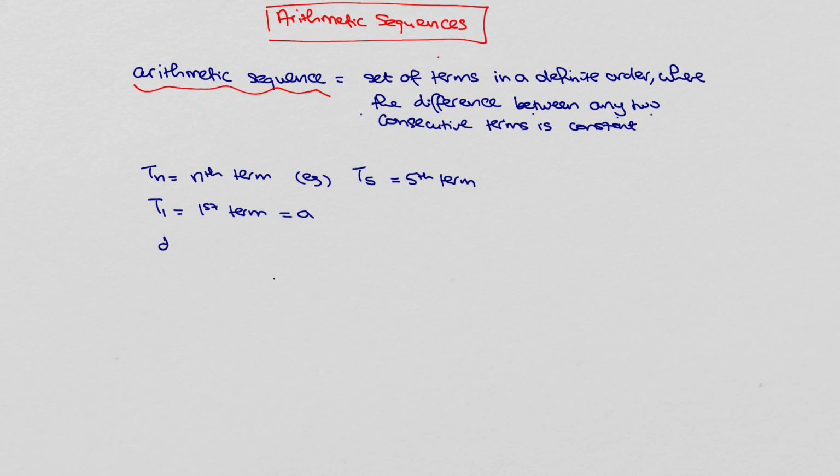We're going to use D to represent that common difference between any of the 2 consecutive terms in an arithmetic sequence. So that is constant. So we saw if we were to draw a graph, that common difference is the slope, and therefore n is the position held by the term in the sequence.